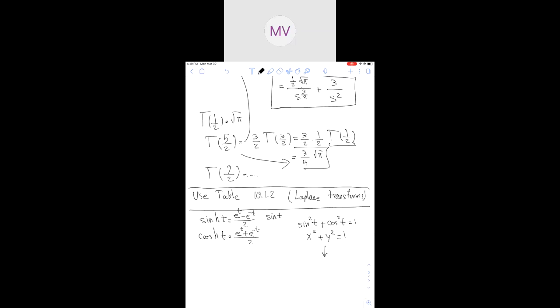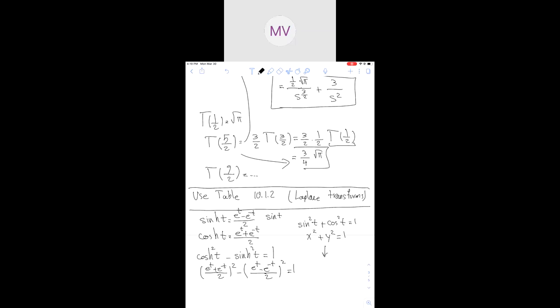Okay? It can be shown, it's very simple algebra, that cosine hyperbolic squared of t minus sine hyperbolic squared of t equals 1. All you have to do is plug in: e to the t plus e to the negative t divided by 2, squared, minus e to the t minus e to the negative t divided by 2, squared.